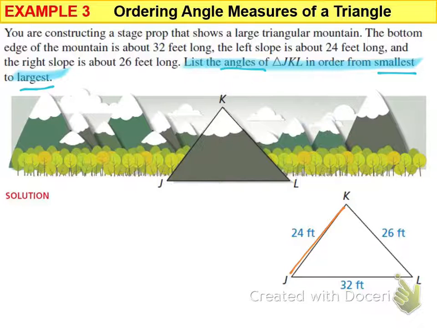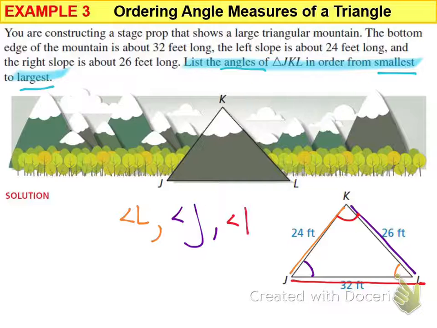So what is the smallest angle? Angle L. And then the medium side length? 26. It's across from angle J, so that's the medium angle. And then the largest side, which is 32, is across from the largest angle, angle K.